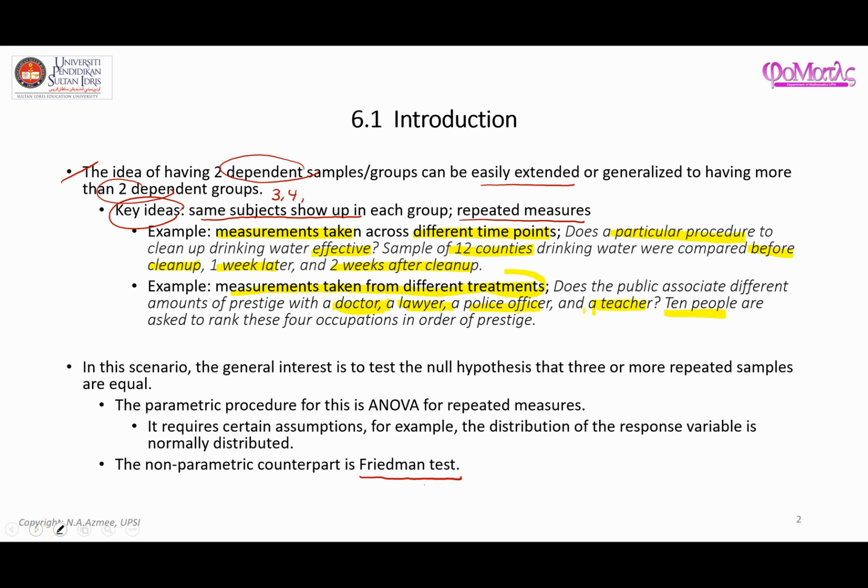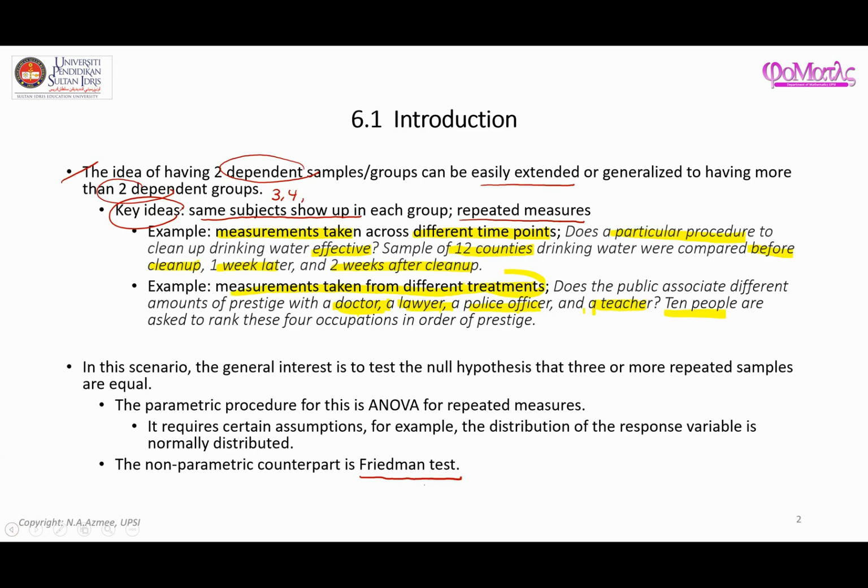So let's try to envision how this data will be presented. This is what I'm going to illustrate. For the first example, our subject is county, and we have one particular treatment to be investigated, and they take measurements at the baseline, after 1 week, and after 2 weeks.